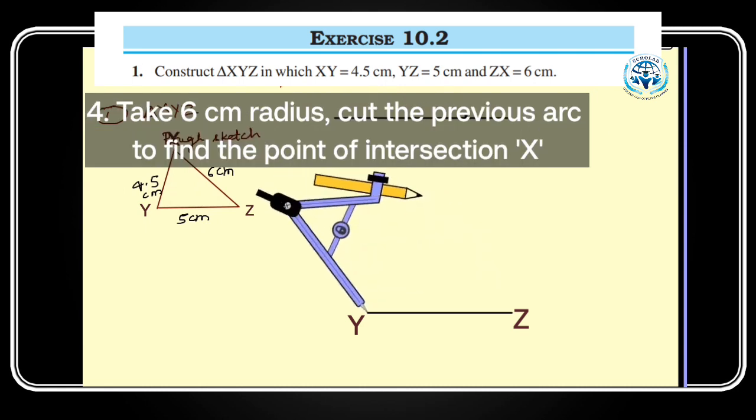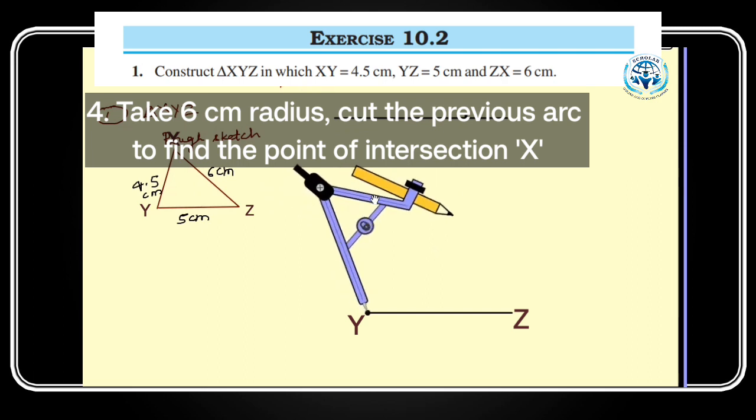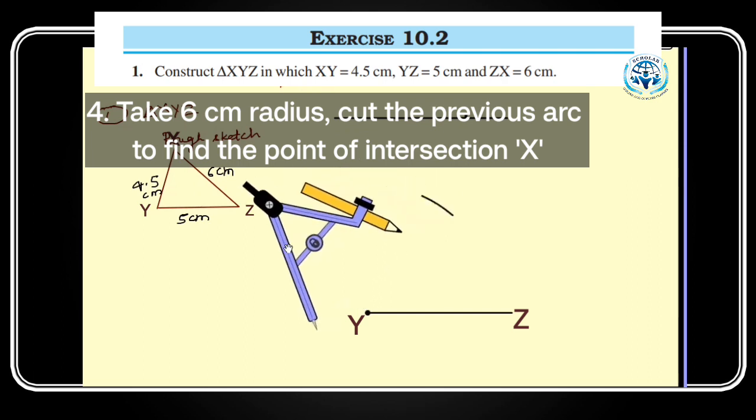So we have to get the point X. This point X lies somewhere on this arc.